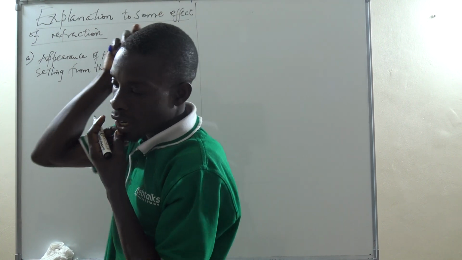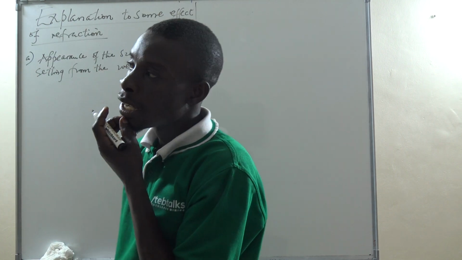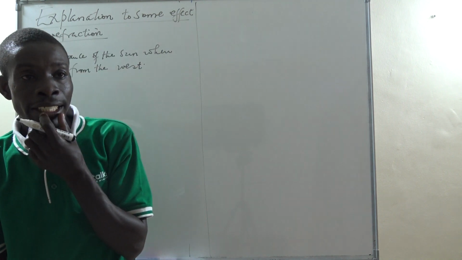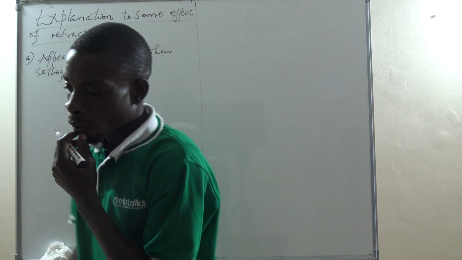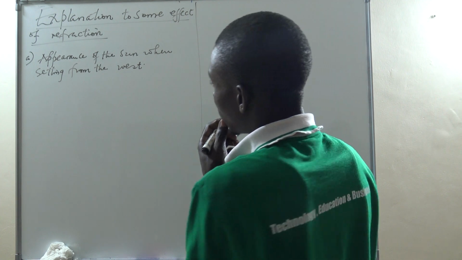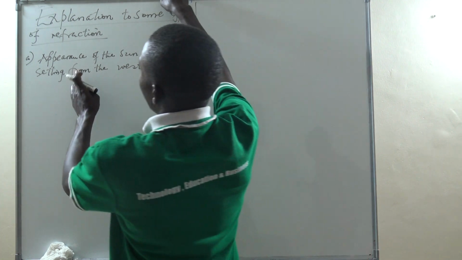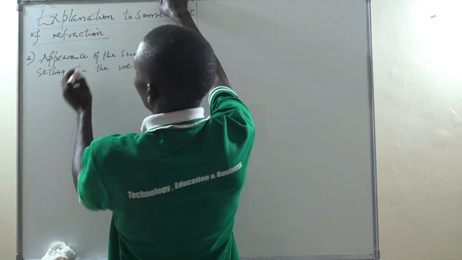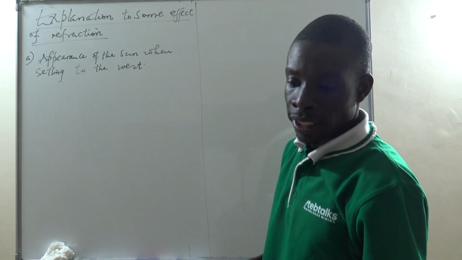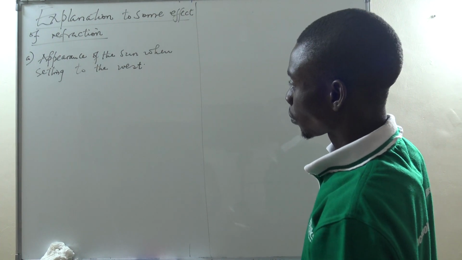Okay? So we are going to look at the appearance of the sun when setting to the west. Okay? I think that would be the English. When setting to the west.